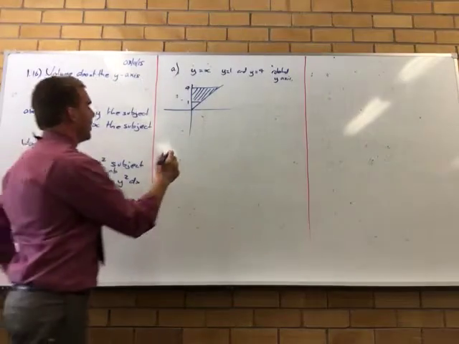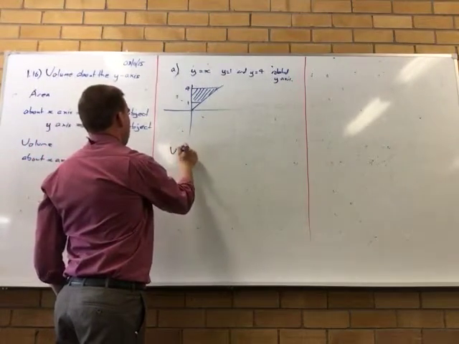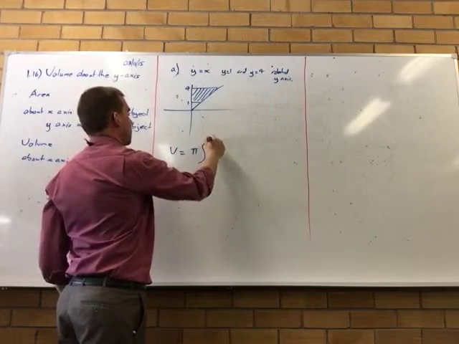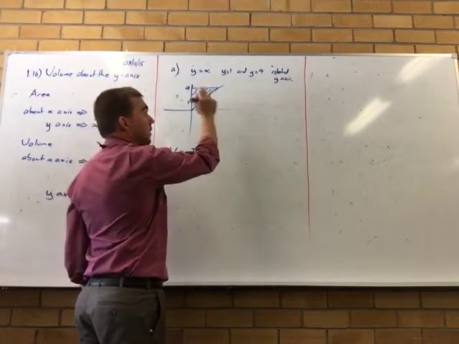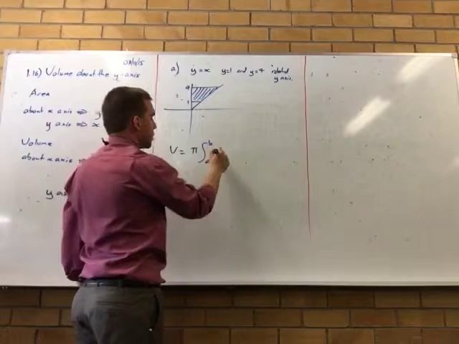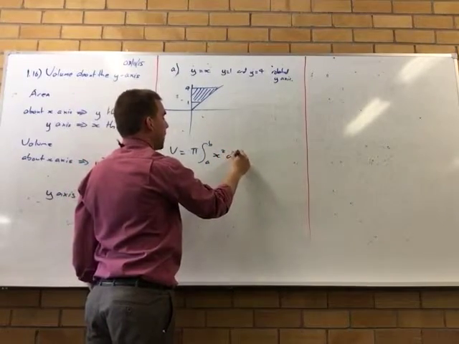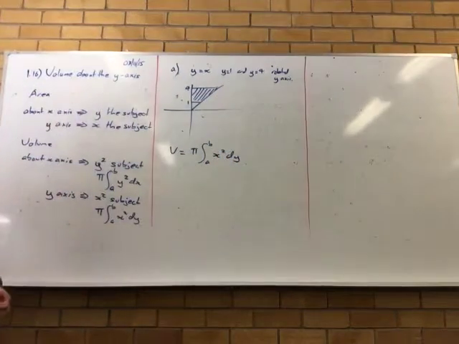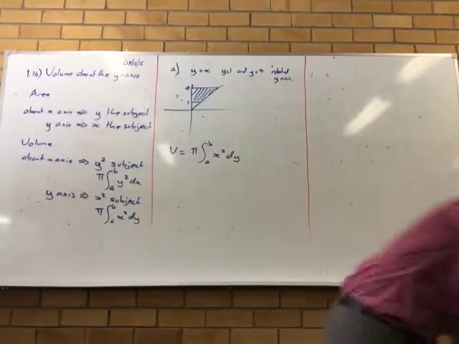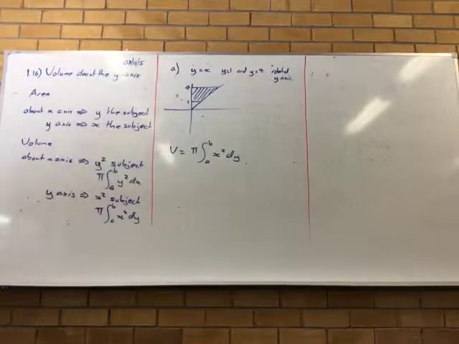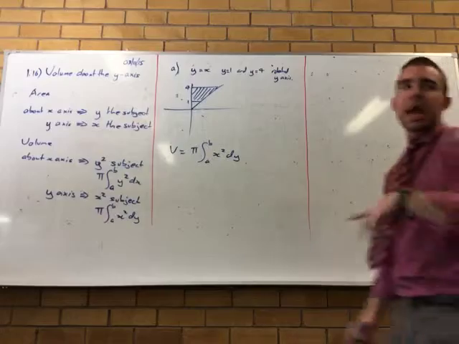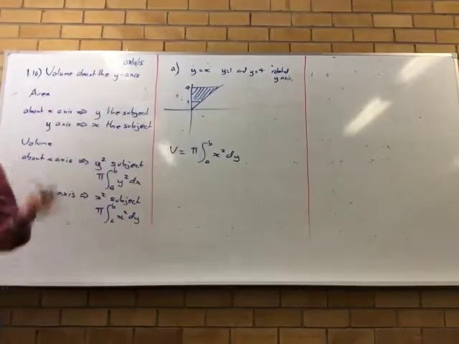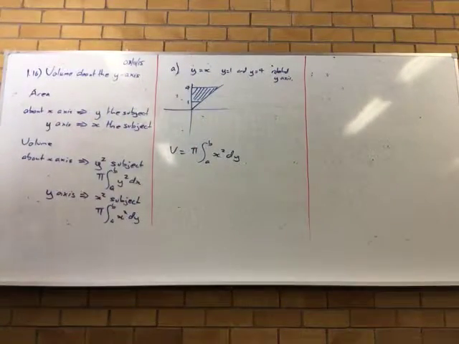Alright, so volume is going to be pi integral from b to a. Now it is about the y-axis of the rotation, so I'll need the opposite letter, x squared, the subject. I'm going to integrate that with respect to dy. The dx or dy is the same as the axis of rotation or the axis of bound.